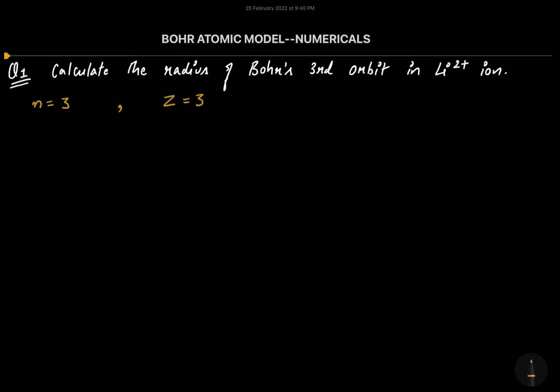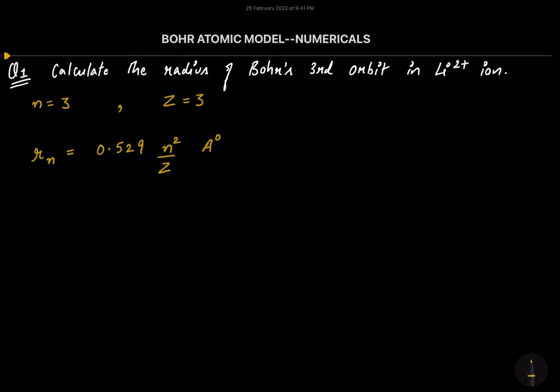So what was the formula for the radius? The radius of nth orbit is equal to 0.529 n square by z, and the unit of radius according to this formula is angstrom. So now let's substitute the values of n and z.